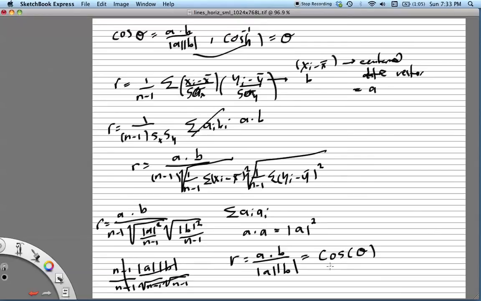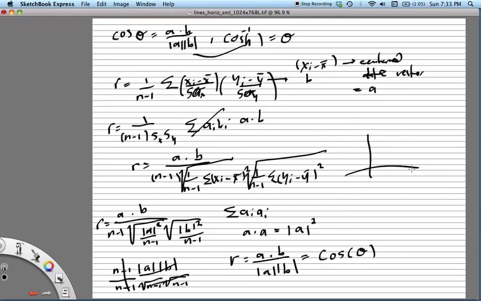So in this way we can see the intuition: if vector A and vector B are highly positively correlated, the angle between them is going to be very small.